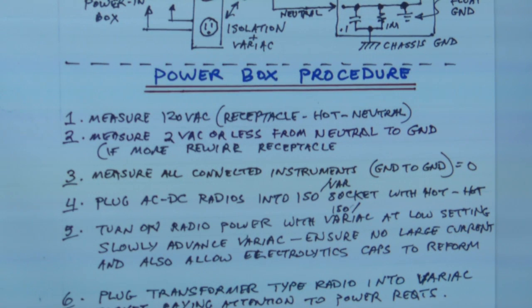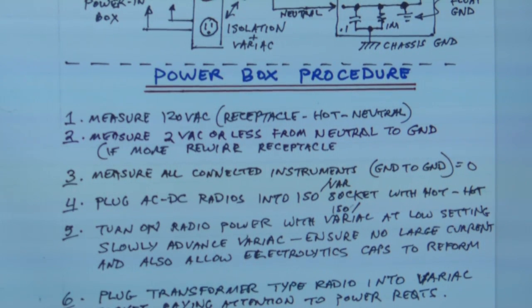Therefore, you could end up with the hot coming along the neutral side, and that would make the negative side, or the return path of the power in the radio, hot. That is carrying 120 volts there. And you don't want that.